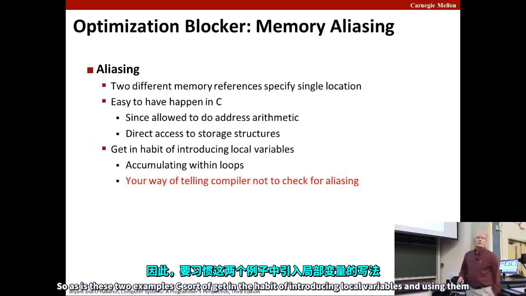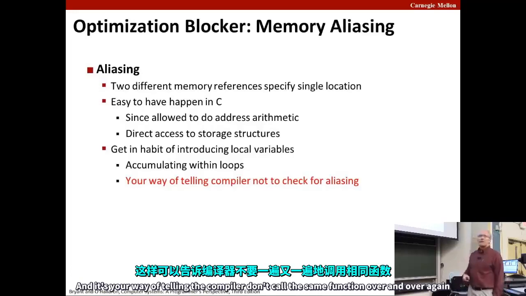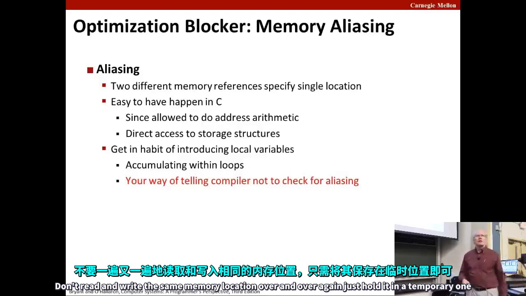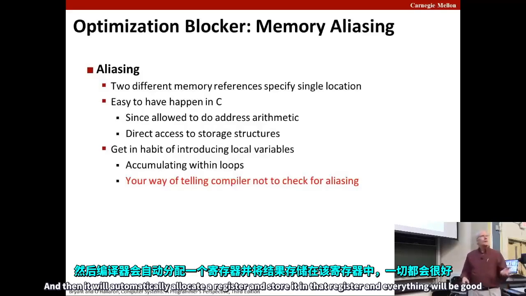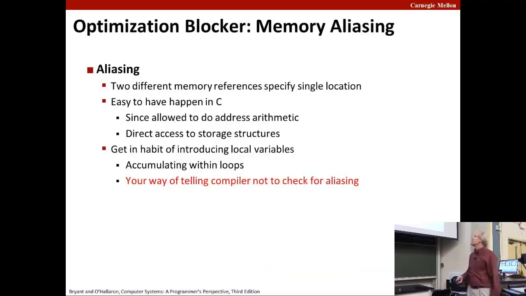So as these two examples say, get in the habit of introducing local variables and using them. It's your way of telling the compiler, don't call the same function over and over again. Don't read and write the same memory location over and over again. Just hold it in a temporary one. And then it will automatically allocate a register and store it in that register, and everything will be good.